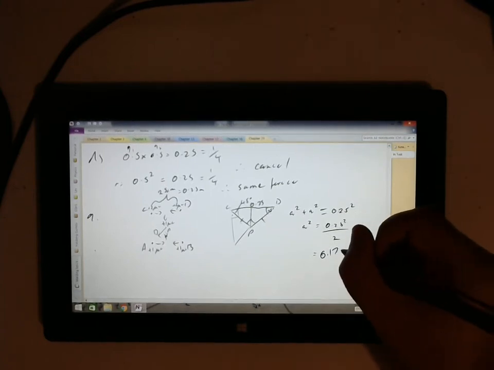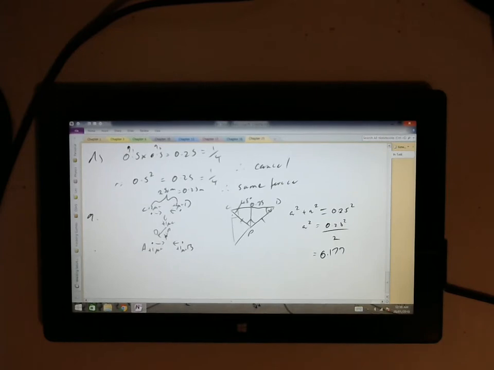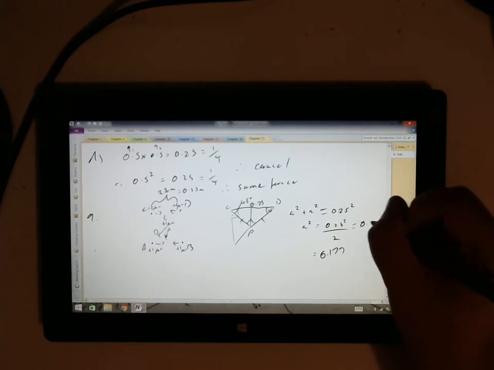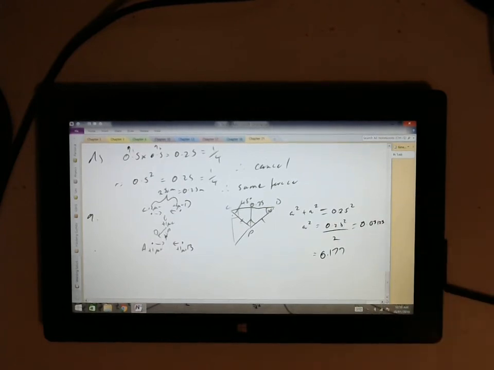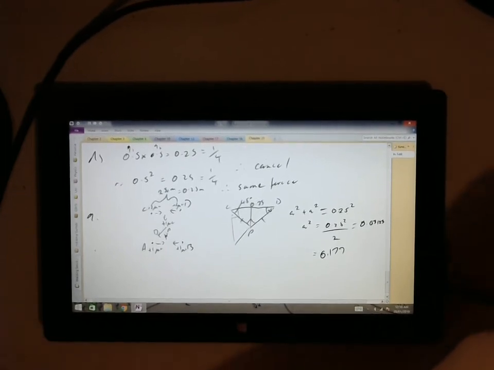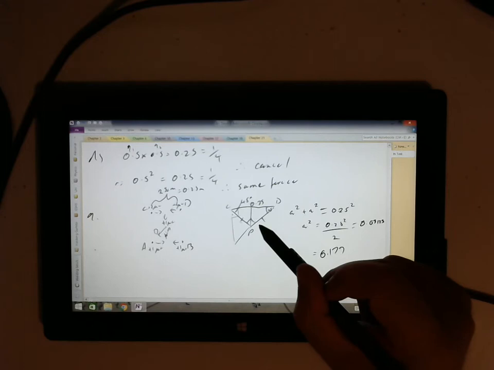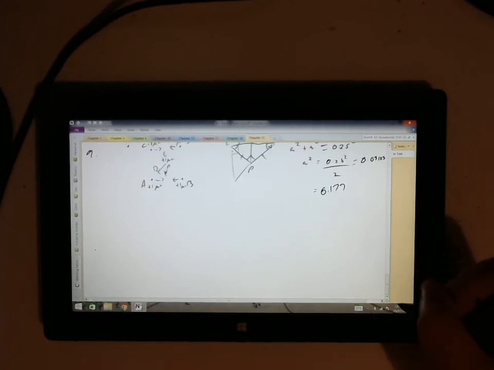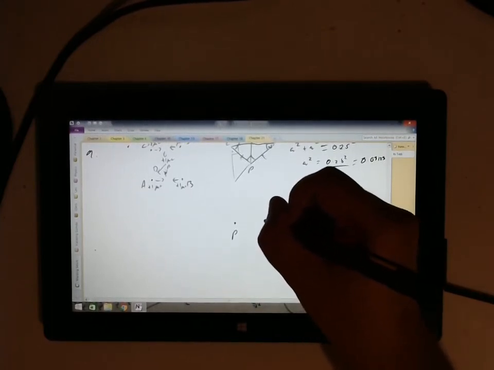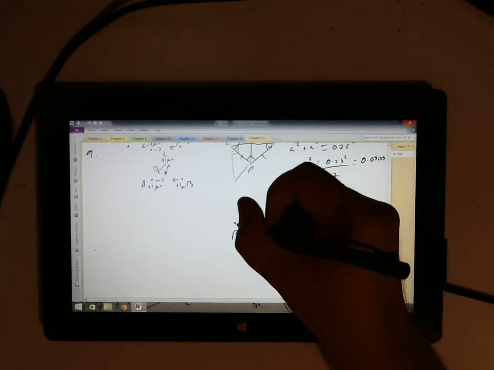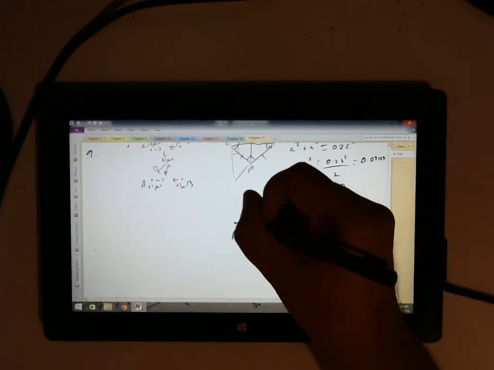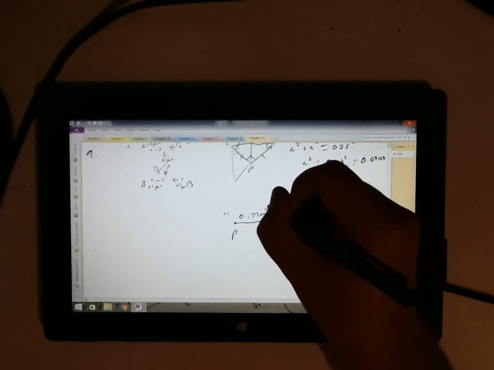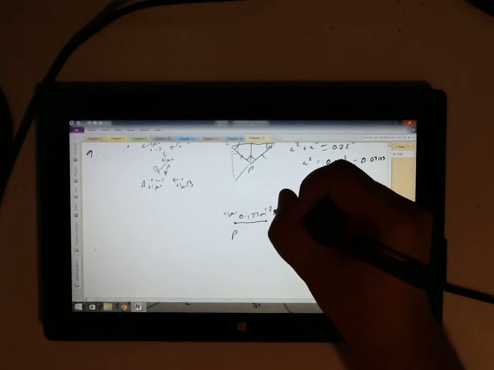Let's round up. Move this step here just in case I need it. 0.03125. Having an exact value might be useful sometimes. Okay, so I now know that each of those sides is going to be 0.177. So looking at this, I have point P and point D, and I know that the distance between them is equal to 0.177 meters. I know that this is +1, I know that this is +2, and they're both in microcoulombs.